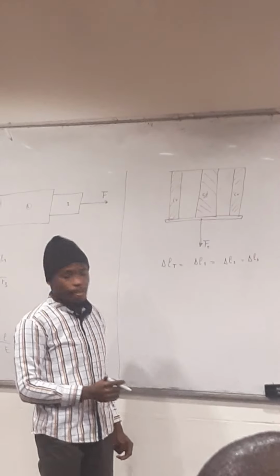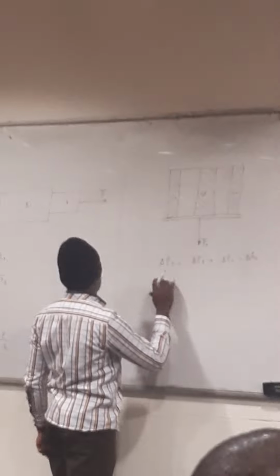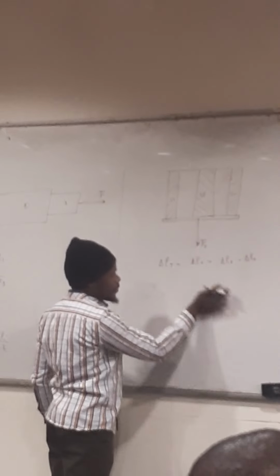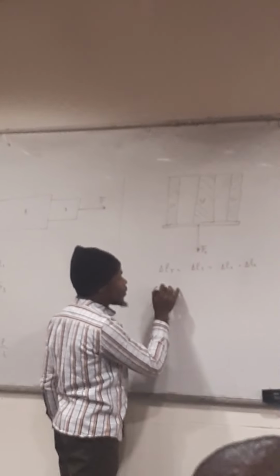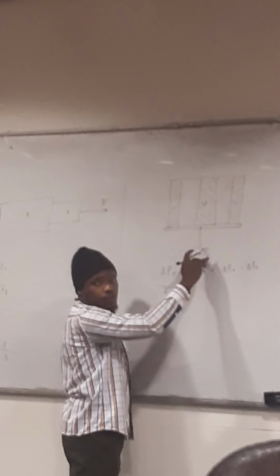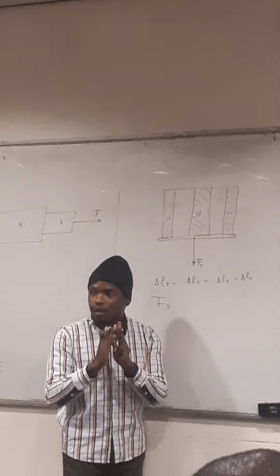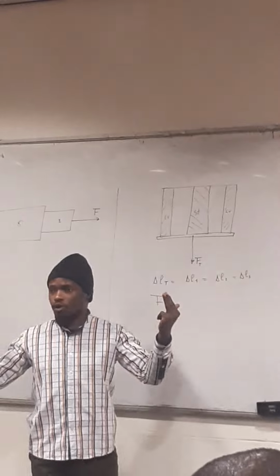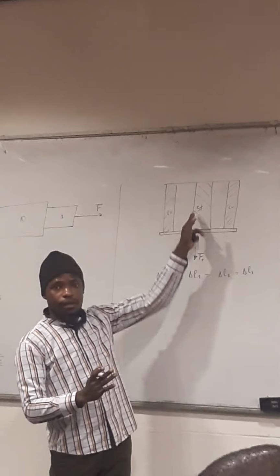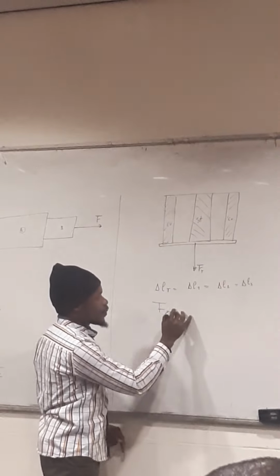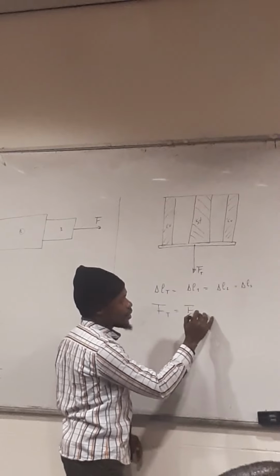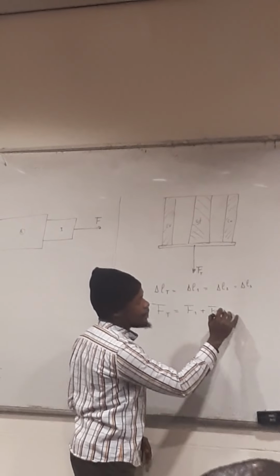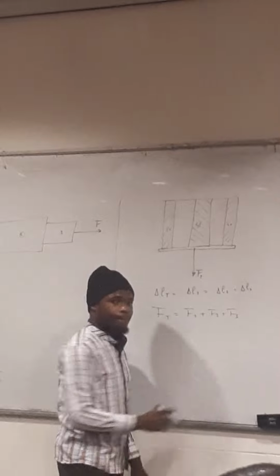The force total will be distributed in the components, in this one, in this one, and in the last one. So force total will be equal to force 1 plus force 2 plus force 3. Do you agree with that?